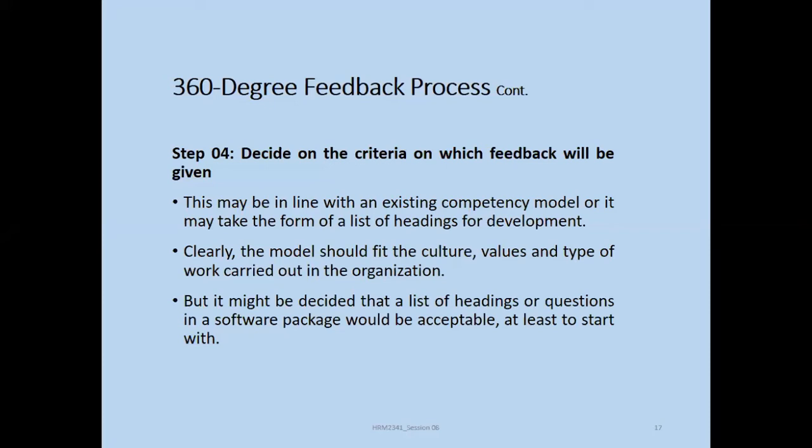Sometimes you need to newly develop criteria. If you don't have existing performance criteria, you should develop them. When you are developing new criteria, that may be a list of headings. In my example, interpersonal skills should be highlighted when we are asking the finance manager.